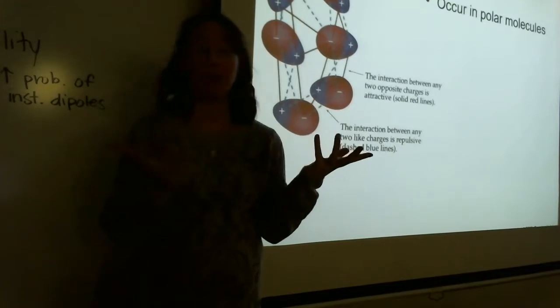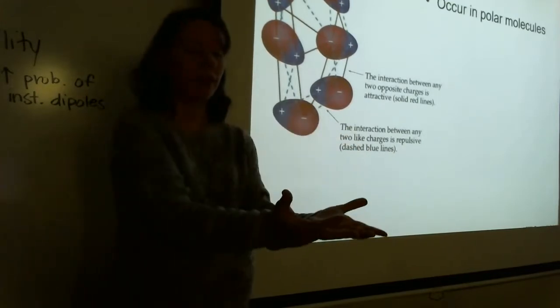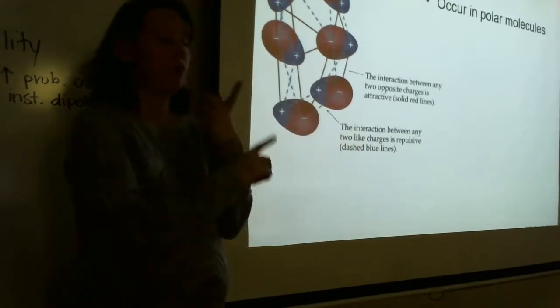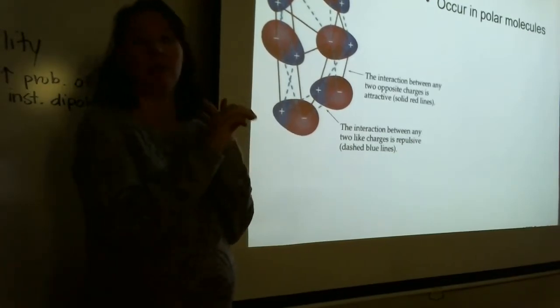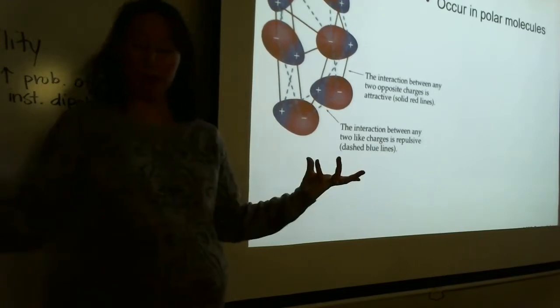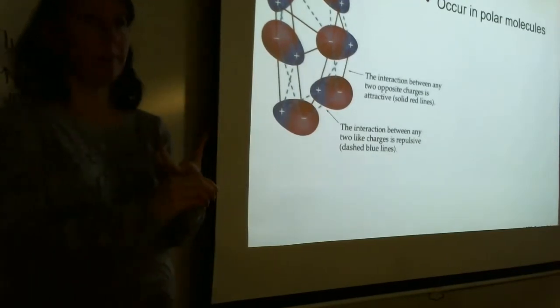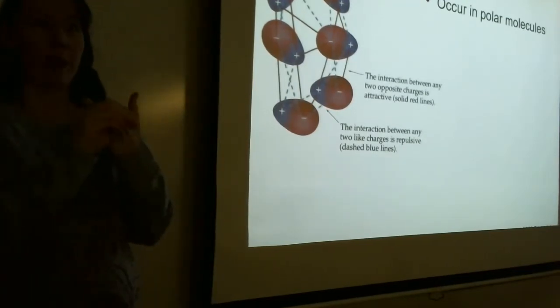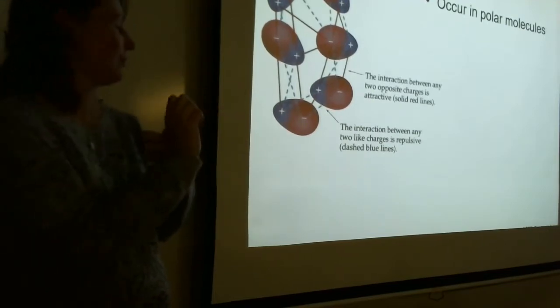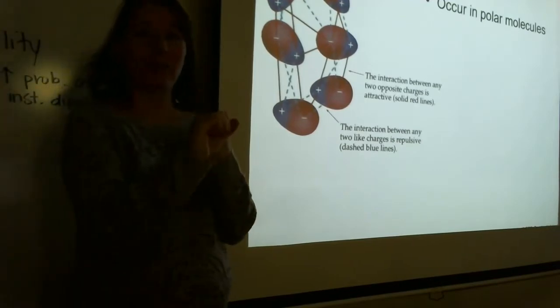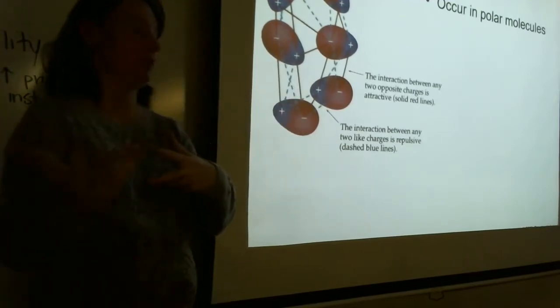So you just need to ask yourself, if I give you a molecule and say, what are the IMFs? First of all, your first default answer is London. Everybody's got London forces. Doesn't matter if it's a single atom or a giant molecule. So the first question to ask is, is it a molecule or is it an atom? If the answer is yes, it's got London forces. Second, ask yourself, does it have anything beyond London forces?